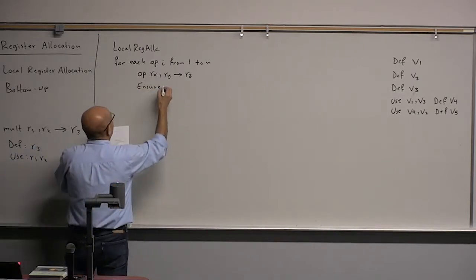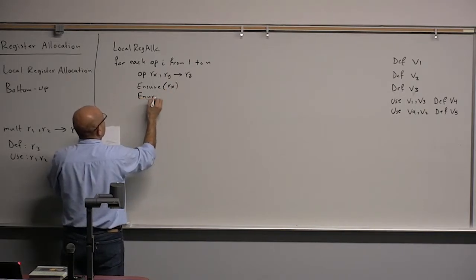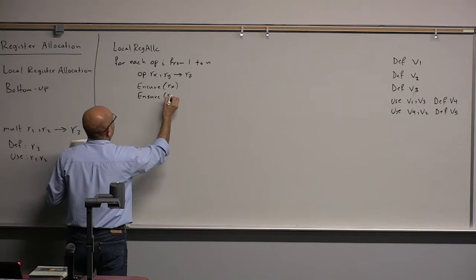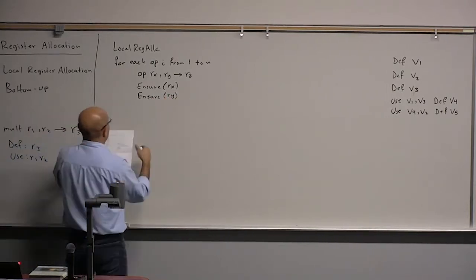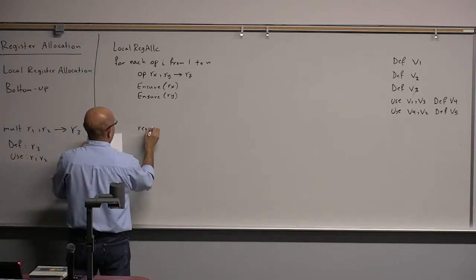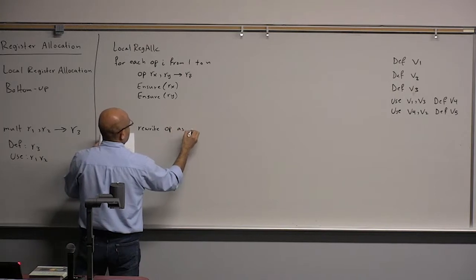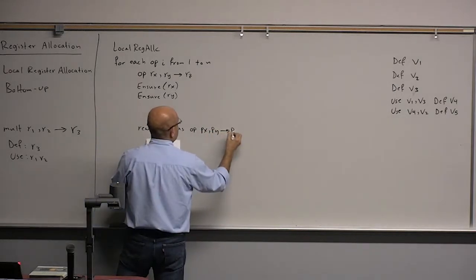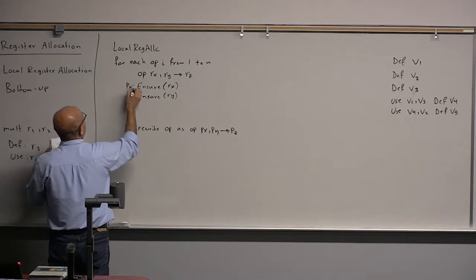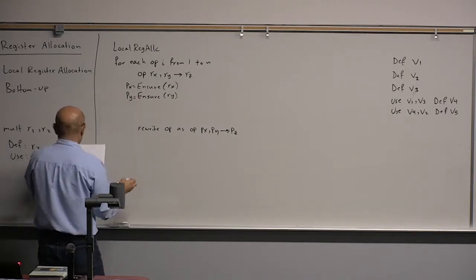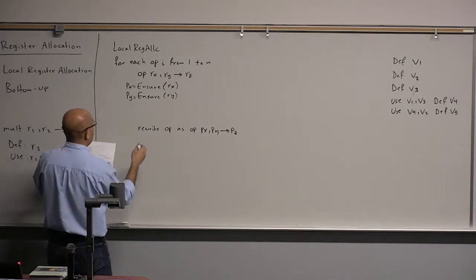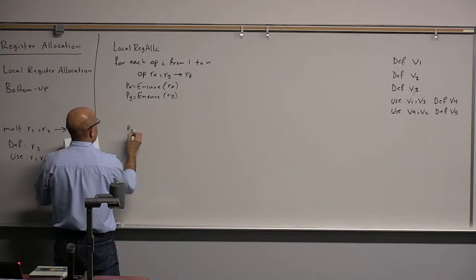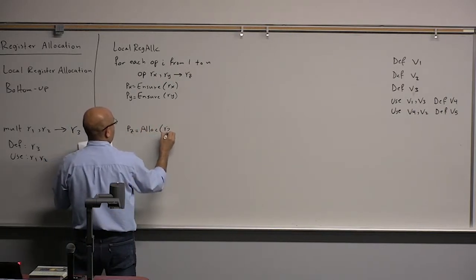So we need to ensure Rx, and we need to ensure Ry, and we need to then rewrite op as op px py goes to pz, where px is the result of this and py is the result of this, and pz is the result of allocate of rz.